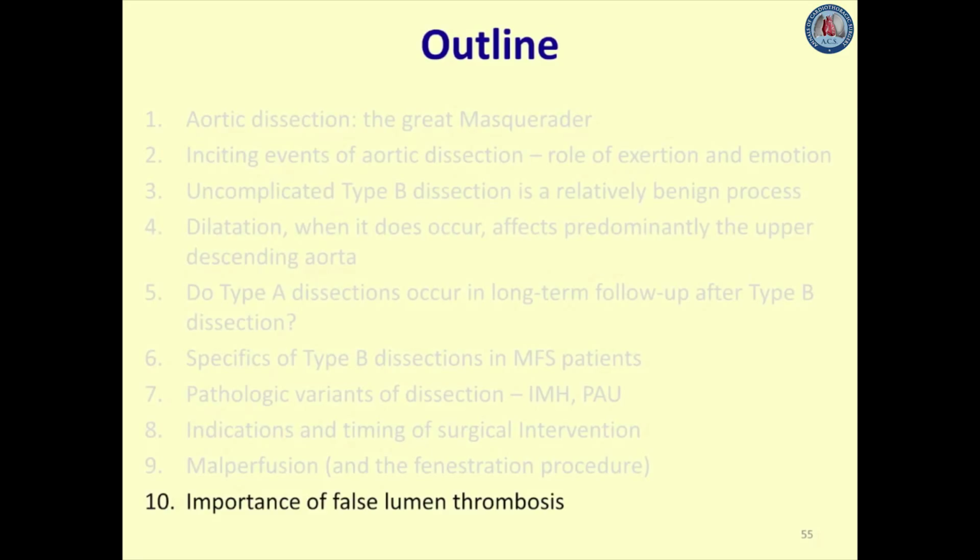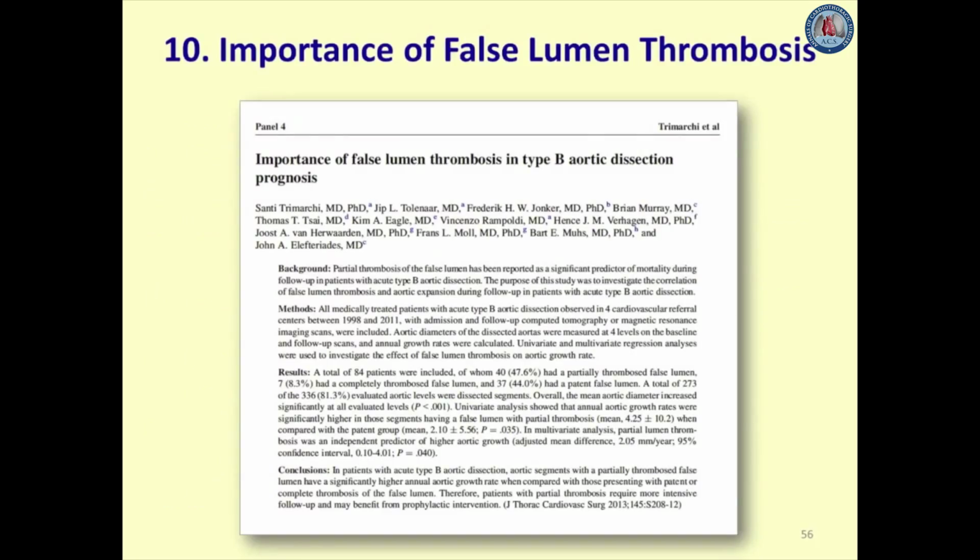Finally, it's worth looking at the important findings of Dr. Trimarchi and colleagues, who have zeroed in on the status of the false lumen in aortic dissection, and they have found that partial thrombosis is bad. Either a wide open false lumen or a totally occluded false lumen is better.